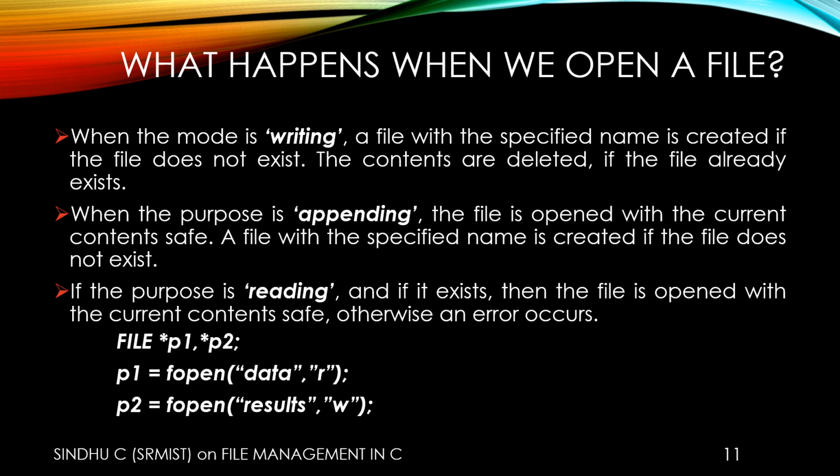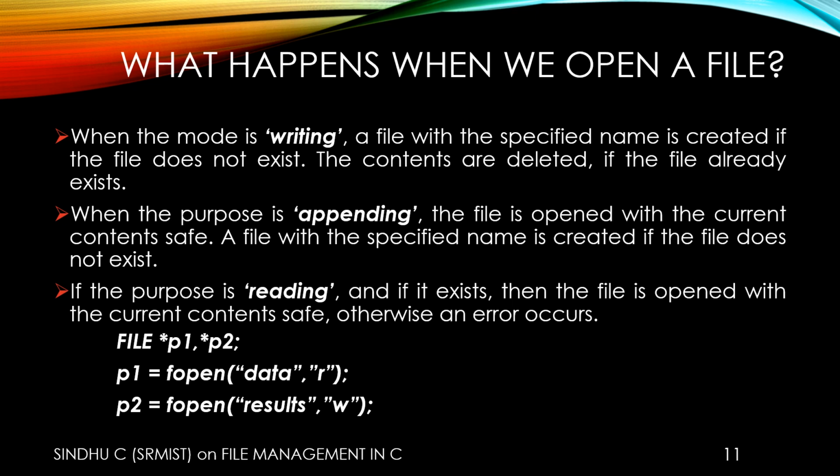Here we have an example. FILE *p1, *p2, which is, you have two pointer variables. To the first pointer variable, you are assigning fopen("data", "r"), which is, you are opening the file data in read-only mode. If the file data exists, then it is open for reading. If the data file does not exist, then an error is thrown.